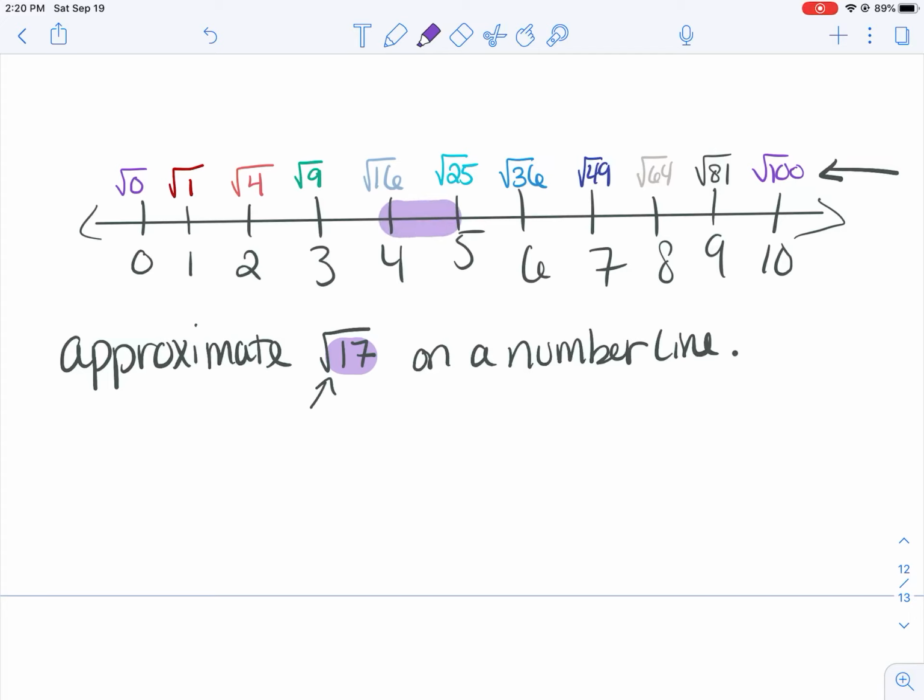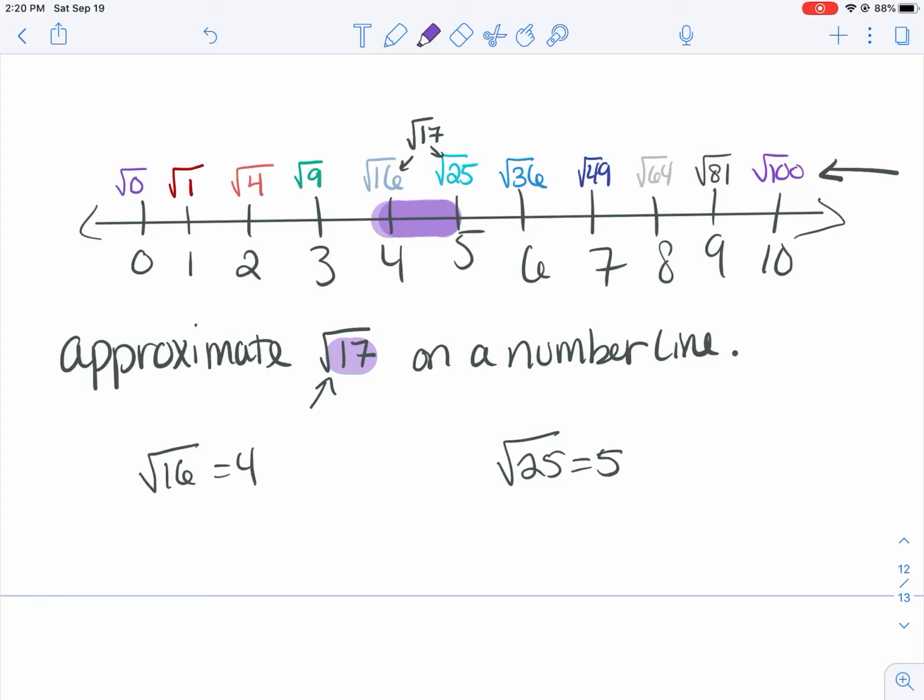So I know that the square root of 17 must fall between the square root of 16 and the square root of 25. Well, we know the square root of 16 is equal to 4, and the square root of 25 is equal to 5, so that means that the square root of 17 has to be a number between 4 and 5.